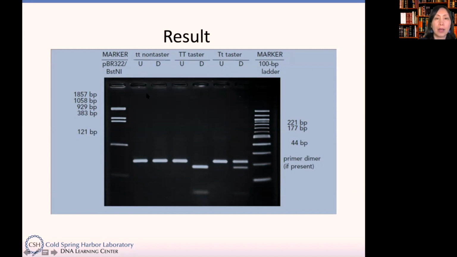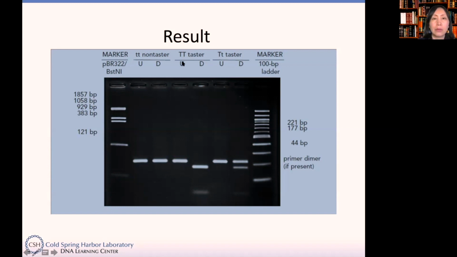Student number 1, you see under the D lane, there's just 1 band. This means this student, in his genome, only has the non-taster gene sequence. So his genotype is little t, and we predict he is a non-taster as his phenotype.